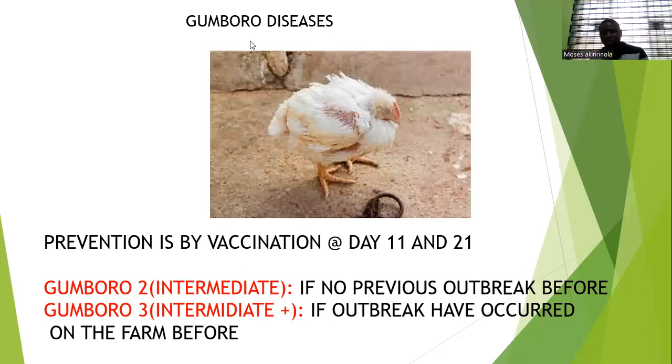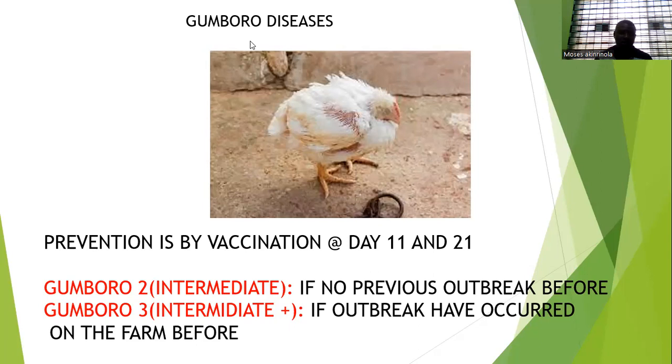The booster dosage comes after. I can assure you, once you follow that, you can be rest assured that your birds will be secure from Gumboro disease, from IBD. We call it infectious bursal disease. So Gumboro disease can be prevented.